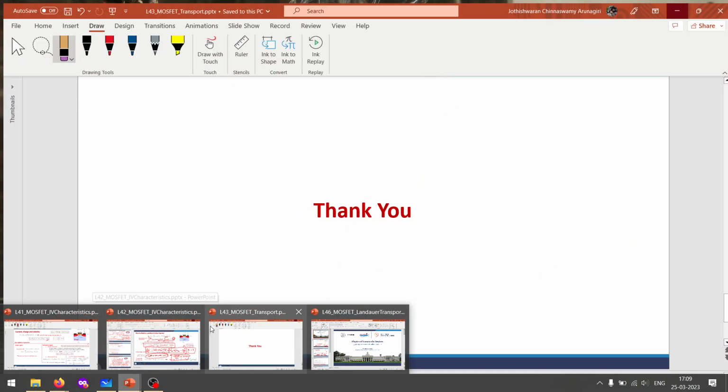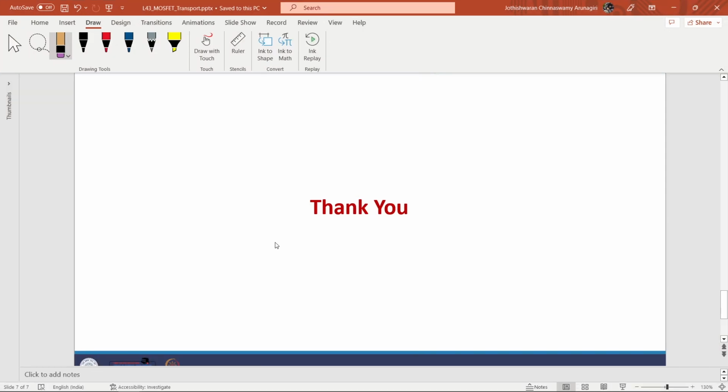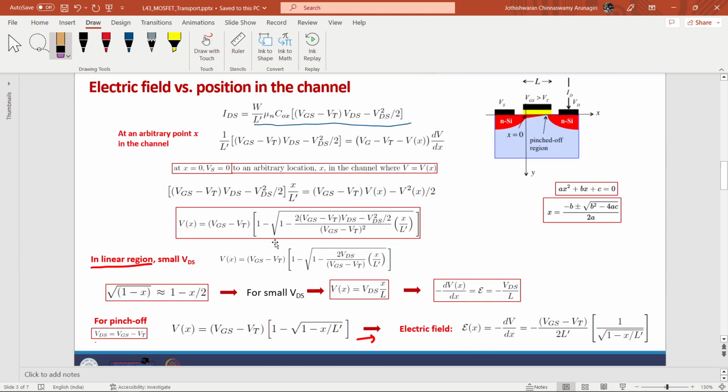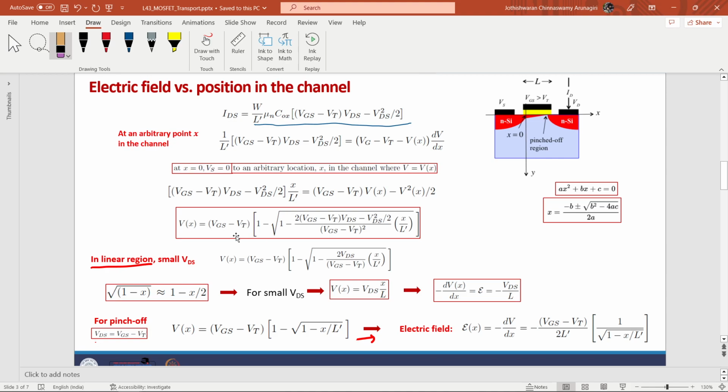After that, I briefly showed you the derivation of Vx, that is the x dependence of the voltage that is observed in the y direction.